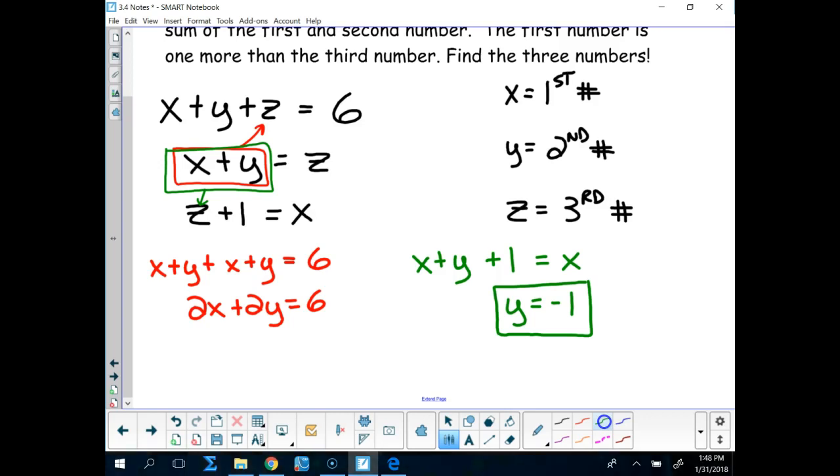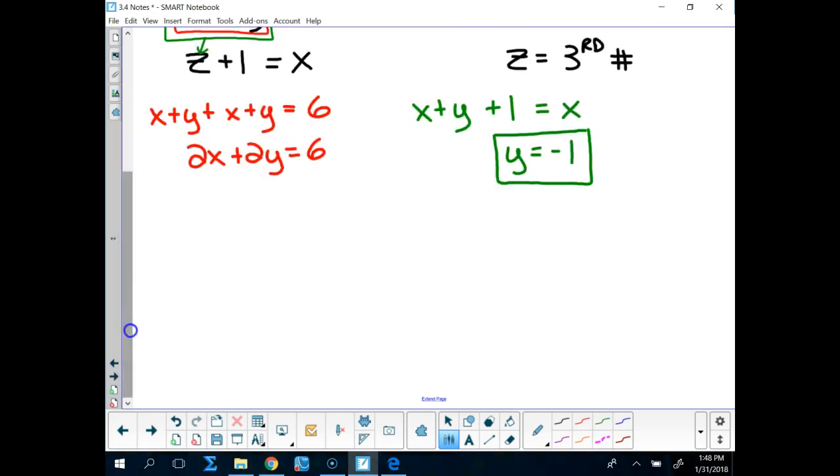If y is equal to negative 1, then 2x plus 2 times negative 1 has to equal 6.